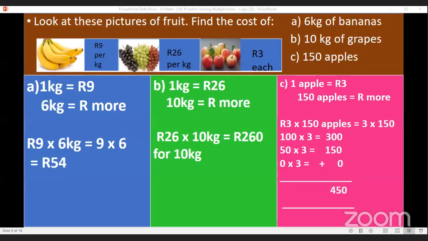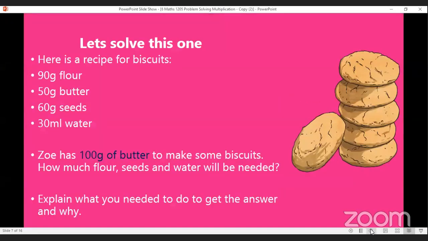You have to pay 450 rand for 150 apples. That's a lot of money. Thank you so much, Amanda. You have explained it right. I'll move on to the next slide.